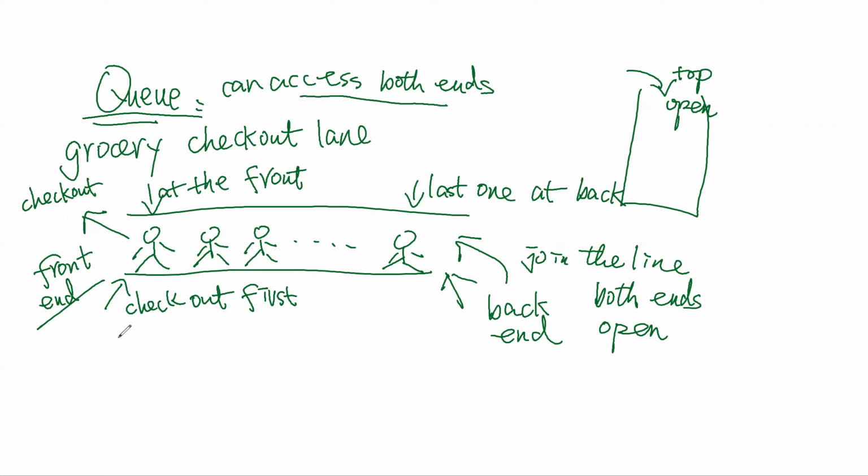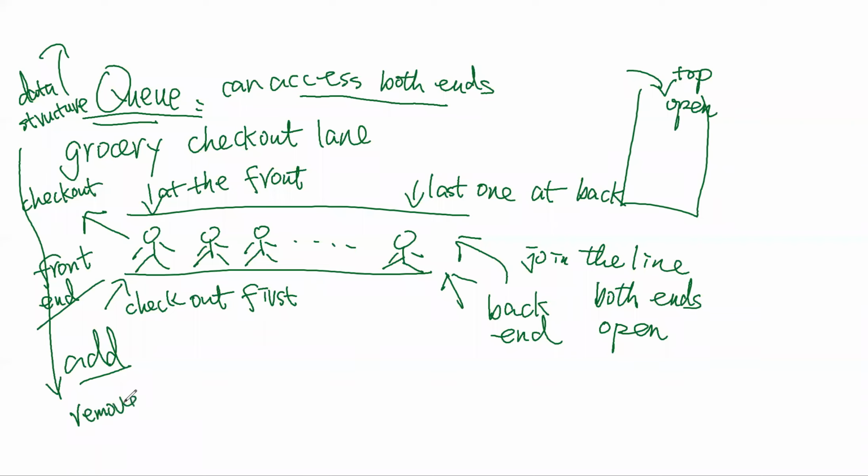Okay, we can access, but be careful. Generally speaking, when we discuss a data structure, what we care a lot about is adding and removing. So for a queue, when we do add, where do we add, at front or at back?